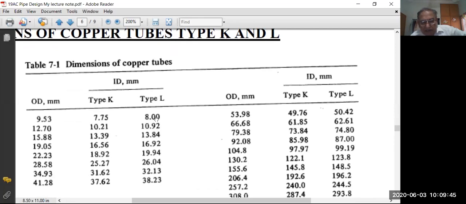That means type L is thinner than type K pipes. So the outer diameter will be the same, but the inner diameter will change depending on whether it is type K or type L.